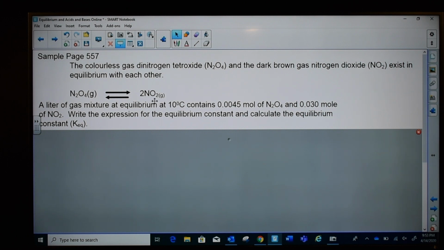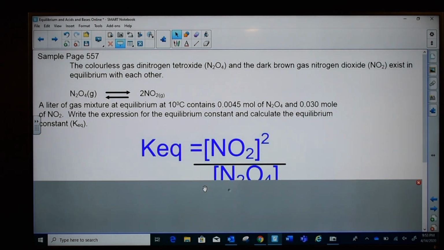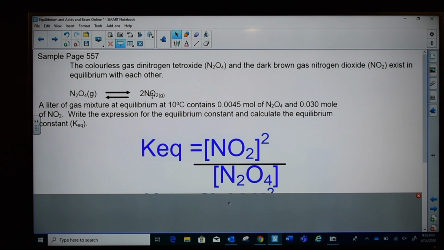So remember the Keq expression, we're going to put the products raised to their coefficient over the reactants raised to their coefficient. Remember the coefficient is the number up front. So I have the concentration of NO2 raised to the 2, over N2O4 raised to the 1. This is a gas, yay, I can include it.